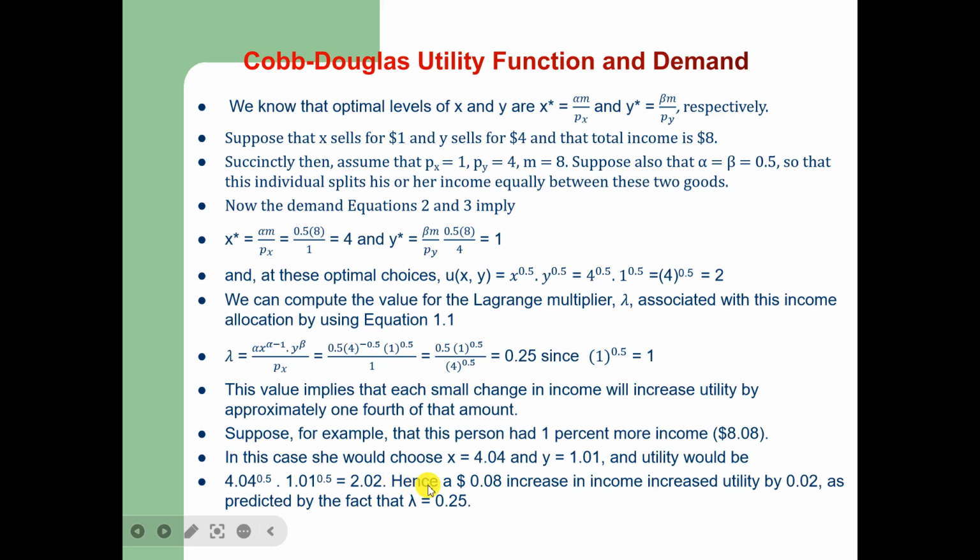So hence a 0.08 increase in income increased utility by 0.02 as predicted by the fact that lambda is equal to 0.25. So this is how we can analyze utility maximization and computation of the Marshallian demand function for x and y given the consumer budget constraint.